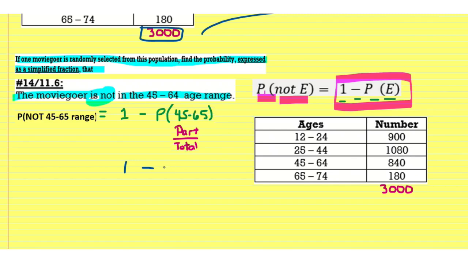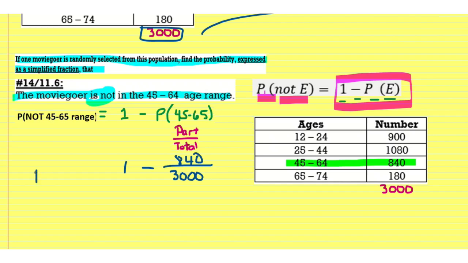Well, the total, we know the total because they already told us the total number, right? The total number of people in this survey were 3,000 people. So right now we're going to find the probability that they are in the 45 to 64 age group. The 45 to 64 age group is 840. So that is my part. So it's going to be 1 minus.